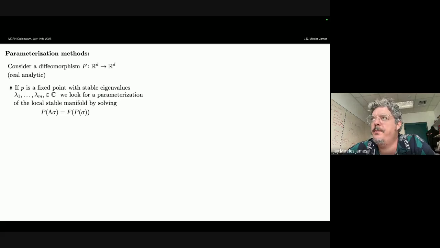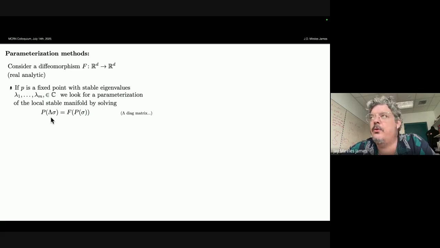So we might like to study the m-dimensional local stable manifold attached to that fixed point. To first order, that would be given by, we could approximate with just the eigenspace. But to go to higher order approximations, the parameterization method would involve studying this functional equation. Here lambda is the diagonal matrix of these m eigenvalues.